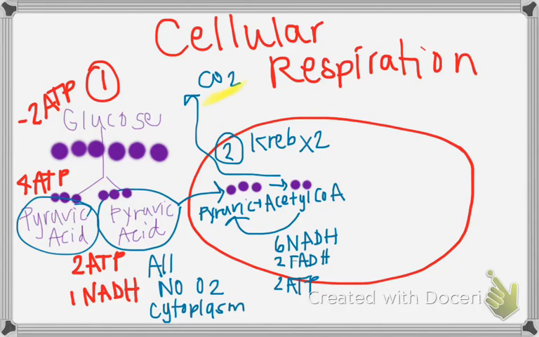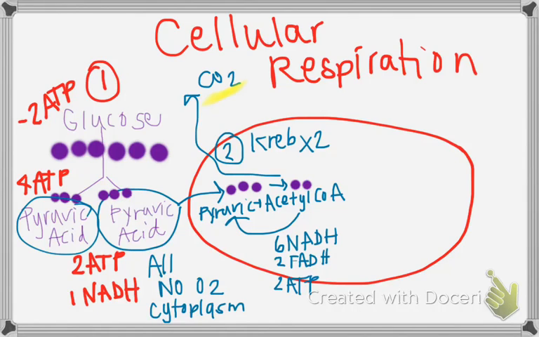FADH drops its electrons off at the second electron molecule in the electron transport chain. So an easy way to say this is that NADH makes 3 hydrogens go into the hydrogen concentration, and that makes 3 ATP. FADH only makes 2 hydrogens go into the hydrogen concentration, so that only makes 2 ATP.